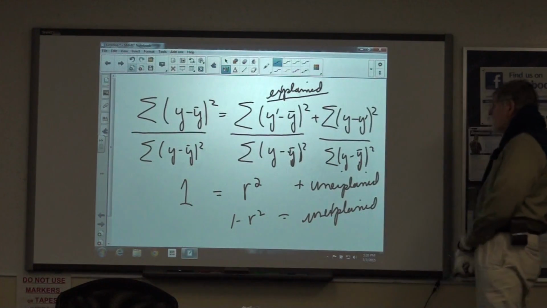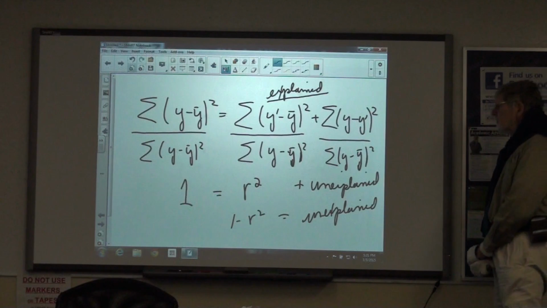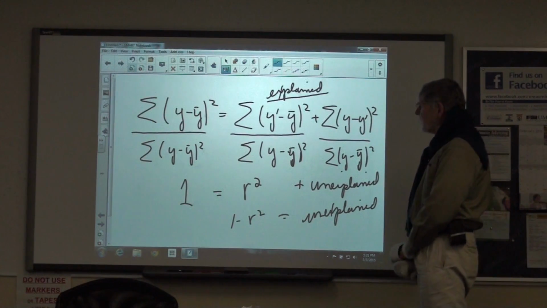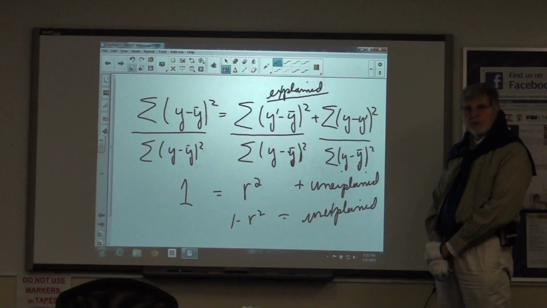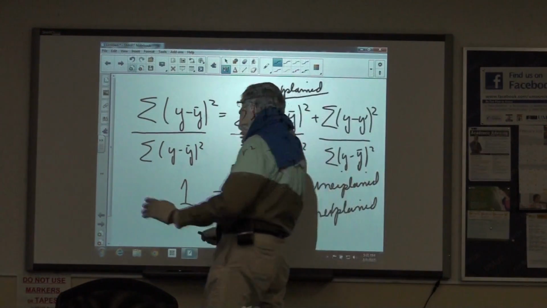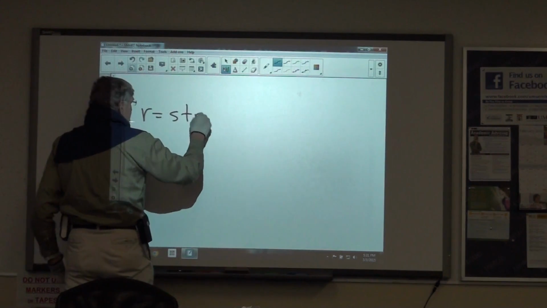Okay, nailed. So you see this quantity r appears once more. That r squared is the percent of the total variation that is explained by correlation. So r is the strength of correlation.